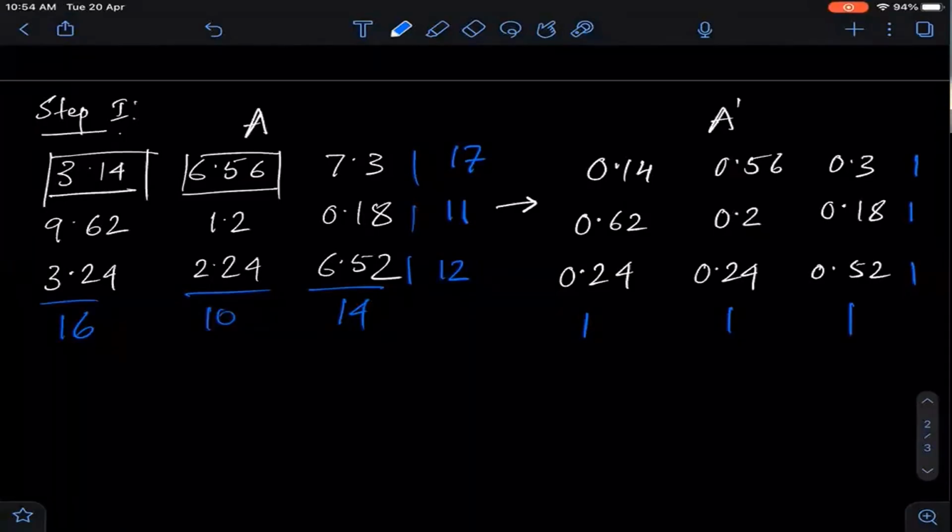Because if I round someone up to 1, that directly translates to rounding up the corresponding entry in A. So for example, if I round up 0.56 to 1, then you will round up 6.56 to 7. On the other hand, if you round down 0.3 to 0, then it corresponds to rounding down 7.3 to the last integer, which is 7.